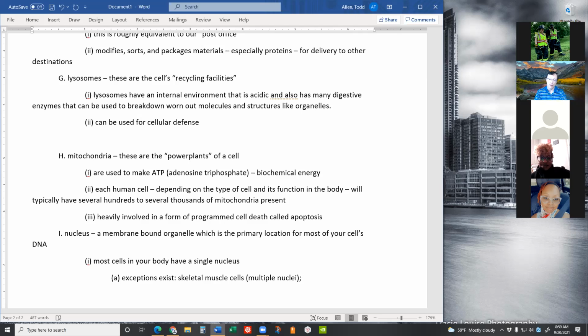That's a topic we're going to cover in A&P 1. So most cells in your body have a single nucleus. Skeletal muscle cells are an exception. They have multiple nuclei. Here's another exception. Mature, and I emphasize the word mature, red blood cells have no nucleus.